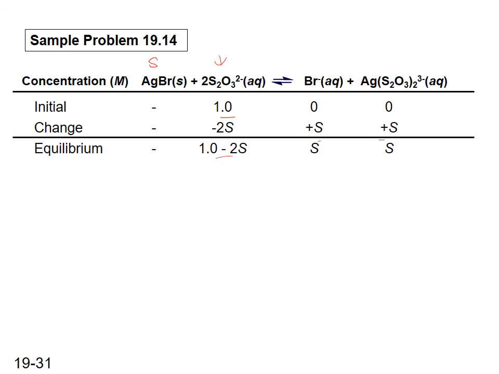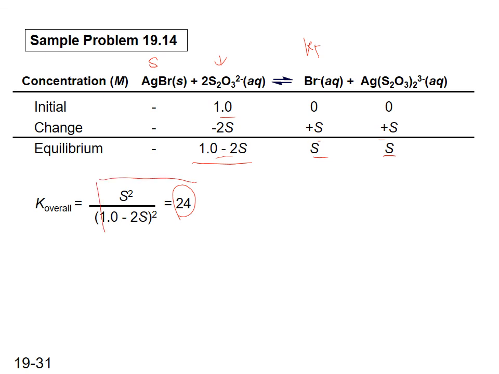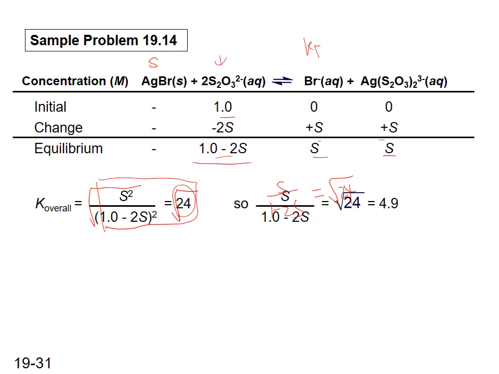Okay, so we can write the Kf equals S times S divided by 1.0 minus 2S, and that gives you 24, which we calculated in the last slide. Okay, and this equation can be easily solved, and in this case we can square root both sides, and so the left side will be S over 1 minus 2S, the right side is again square root 24. Okay, and square root 24 is 4.9.